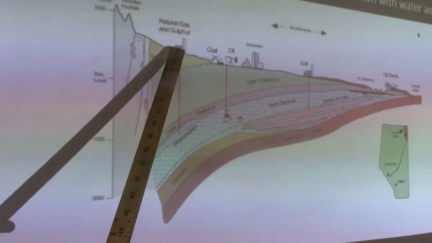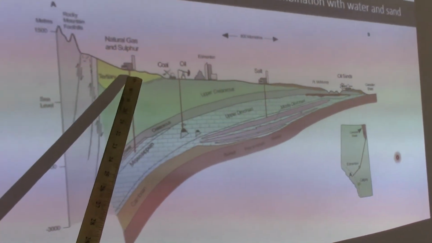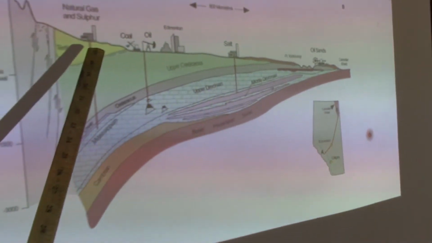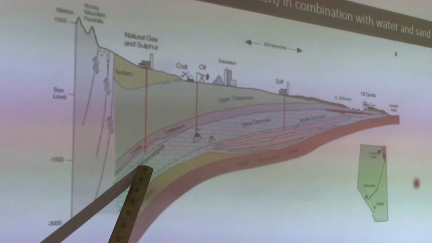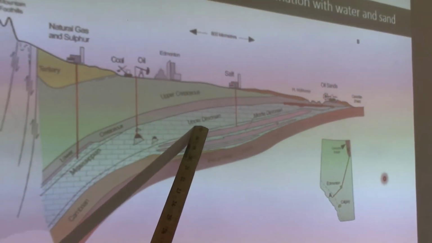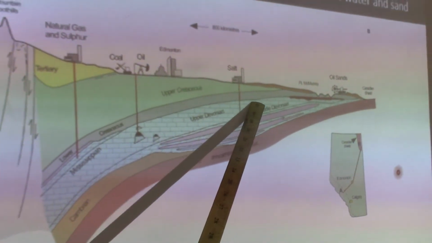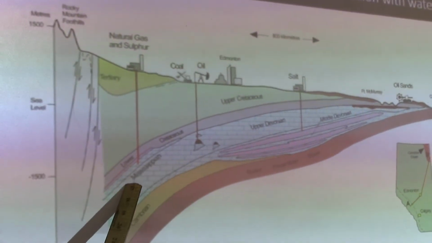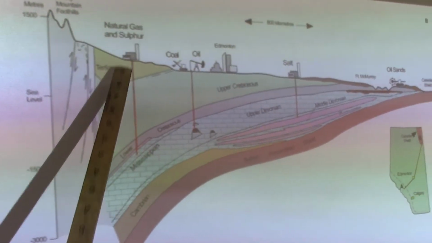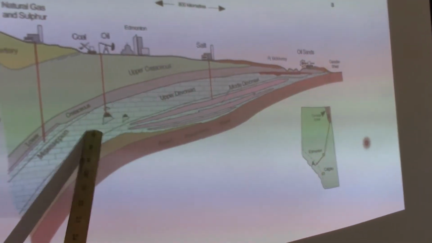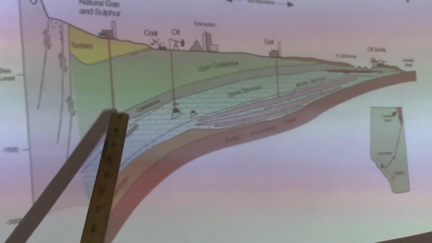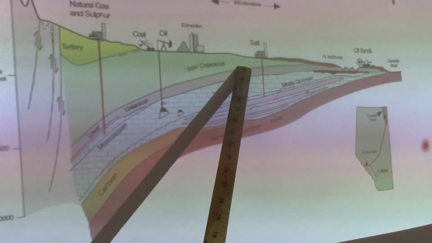So this shows us where we find different types of hydrocarbons based on the bedrock available. If I'm a geologist around here, I'm looking for Devonian rock. Okay? That's where most of my oil and gas plays are going to be. So you can see that we have to go through this Cretaceous bedrock layer.